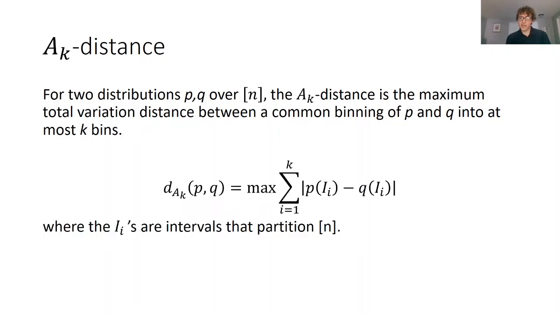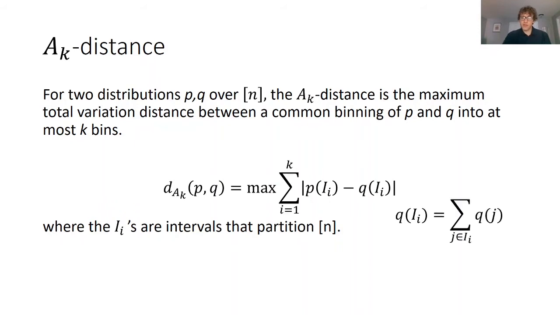What we mean is that if we take an interval partition of [N] into k pieces, and we add up the probabilities inside each of the interval pieces, and we compare the absolute error in the corresponding intervals for these total probabilities, what is the maximum that we could be off?